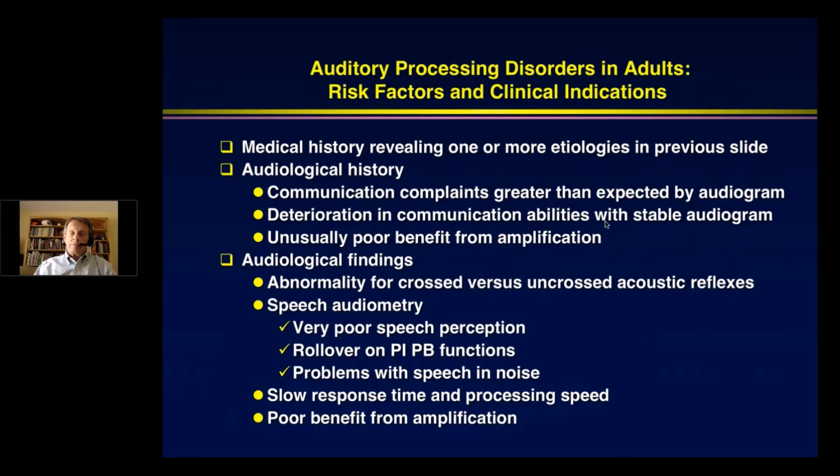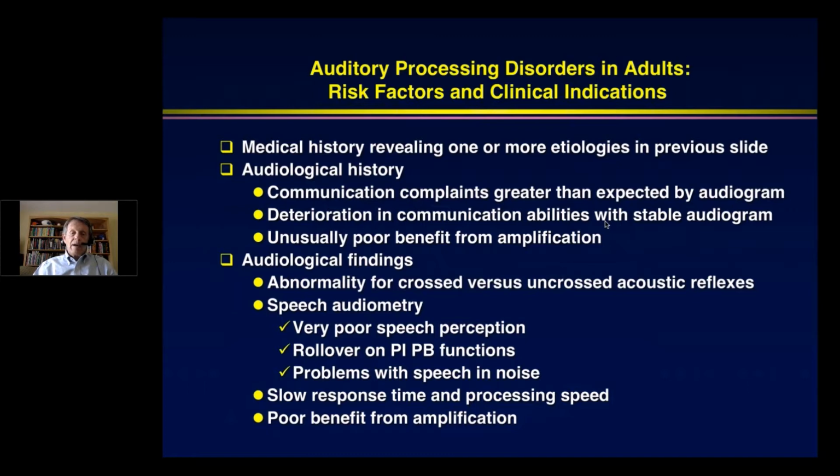Well, it's not that difficult. In fact, after the workshop, you could go back to your clinic, whether you're working in the National Health Service or you're working privately or wherever you might be. You could put together a history or revise your history to identify most adults who might have APD. I mean, just on a paper and pencil test.